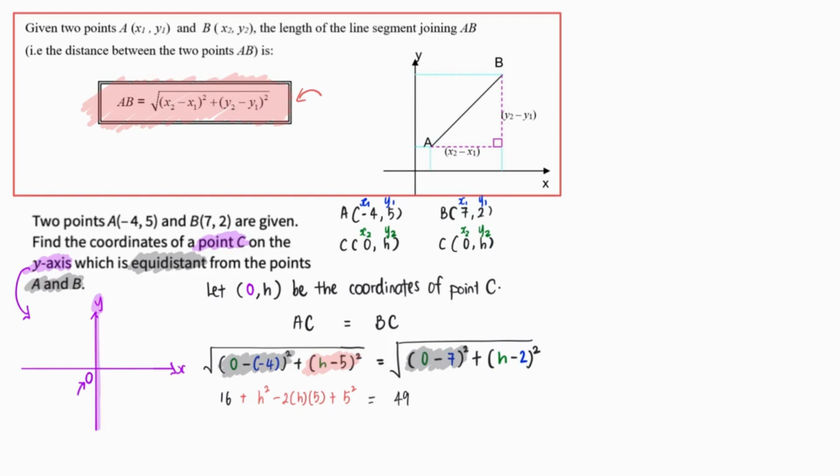After I expand and simplify using the special algebraic product, this will give me h square, should be minus 2 times h times 2 plus 2 square.